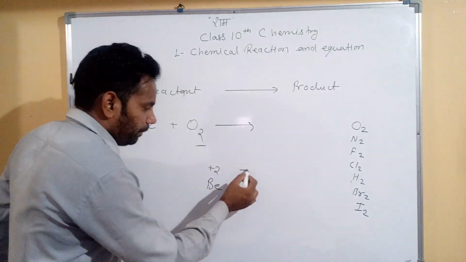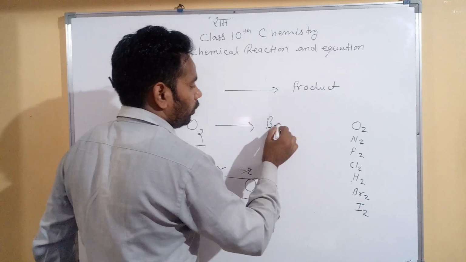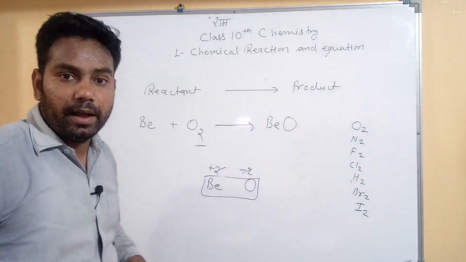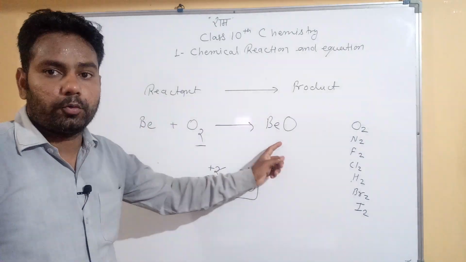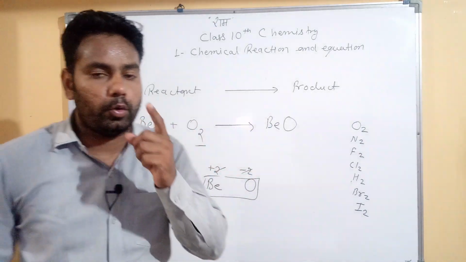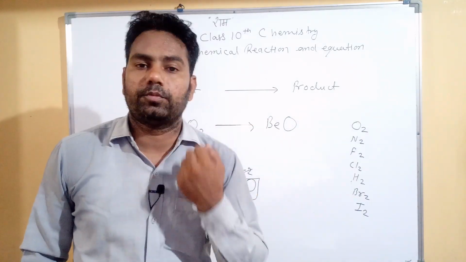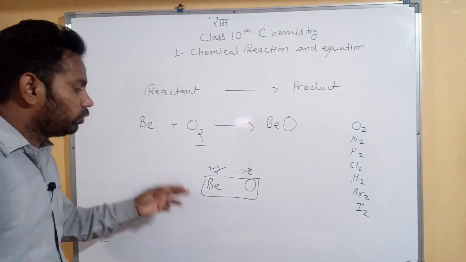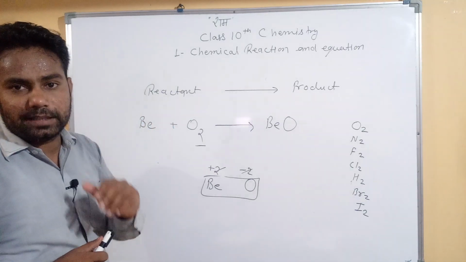So +2 and -2 cancel. The formula is BeO. So our product is BeO. I think now you understand how to create a product from the reactant. If you know the reactant, you can easily find which product is formed by the cross multiply method. So now we balance this chemical equation.